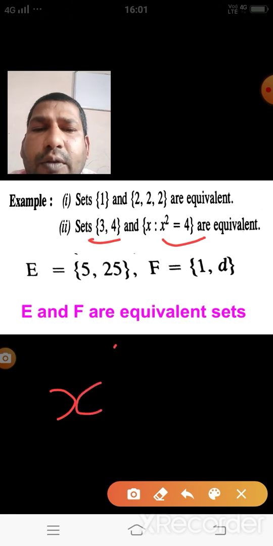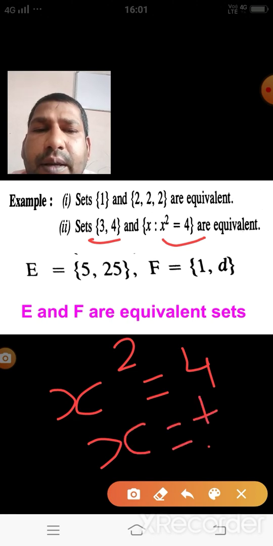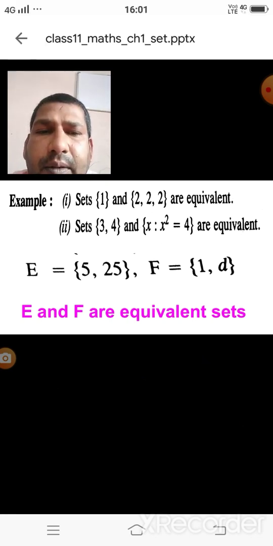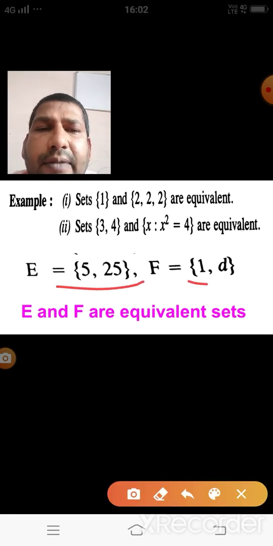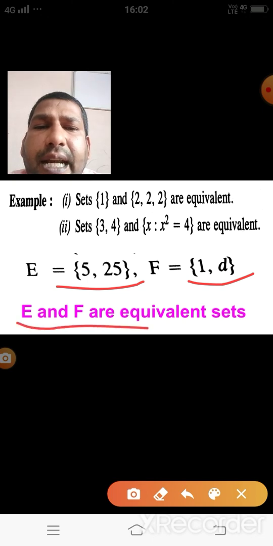If you solve this, then x is equal to plus or minus 2. It means we get two elements here, so these two sets are also equivalent. One more example: E I am taking as 5, 2, 5. F set I am taking as 1, D. What we are observing: two elements in the first one, 2 in the second one. For this reason, E and F are equivalent sets.